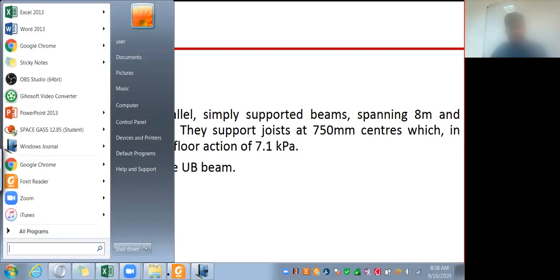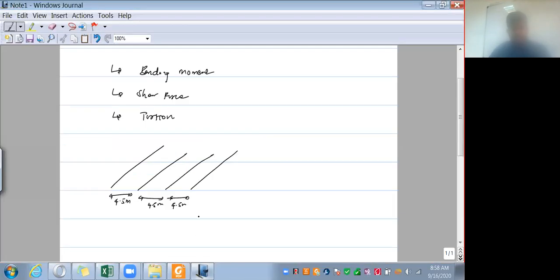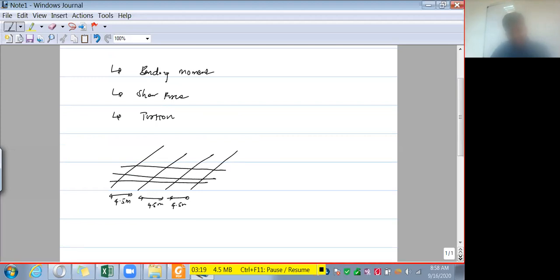So on top of the beam, you have joists running perpendicular to the beam.